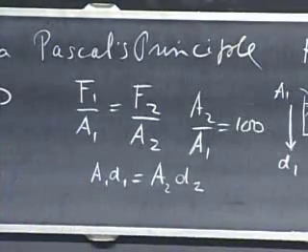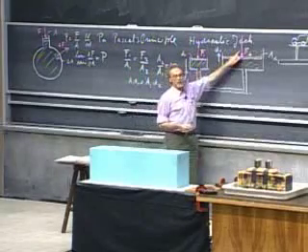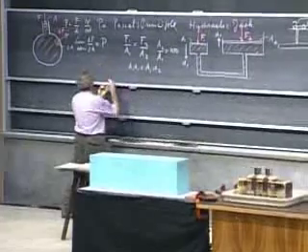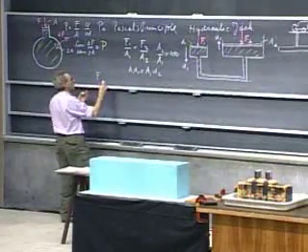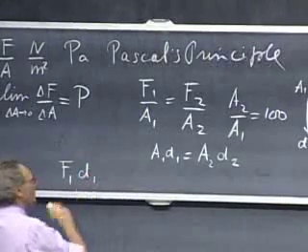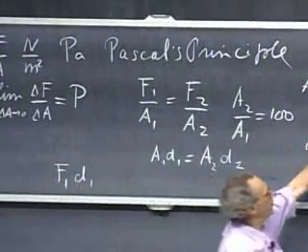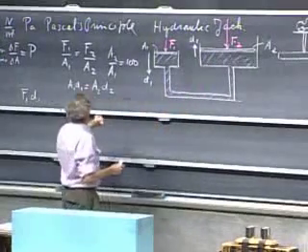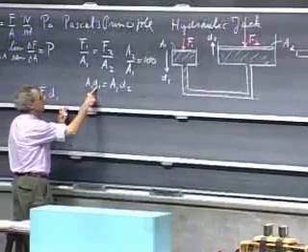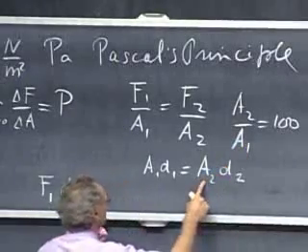Now, if the force here is 100 times less than the force there, the work that I am doing on the left side is F1 times d1. If the force here is 100 times less than that, the distance that I move is 100 times larger than d2, because A2 over A1 is 100.